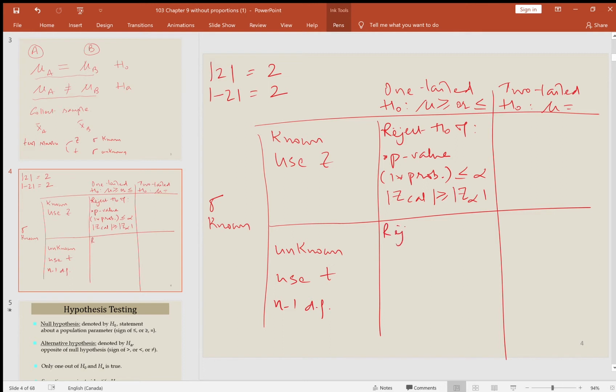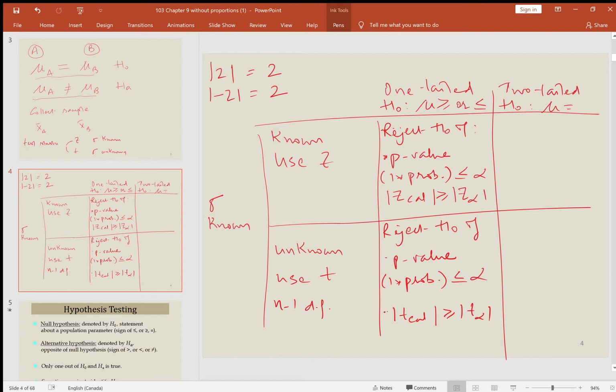So you reject null if p-value, which is again going to be 1 times the probability, is less than equal to alpha, or the other rule is absolute value of t calculated is more than equal to absolute value of t alpha from table.